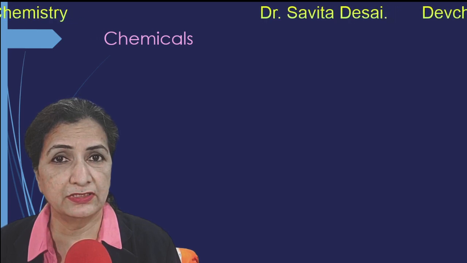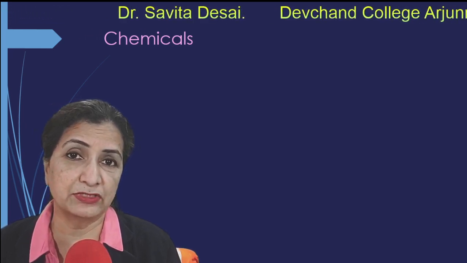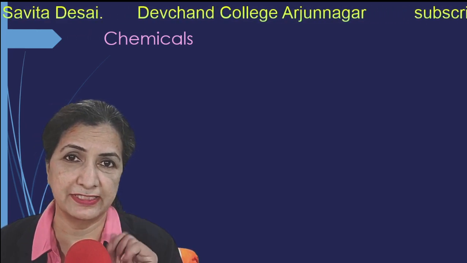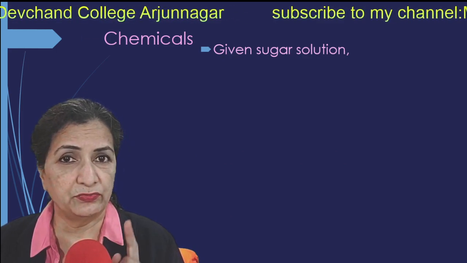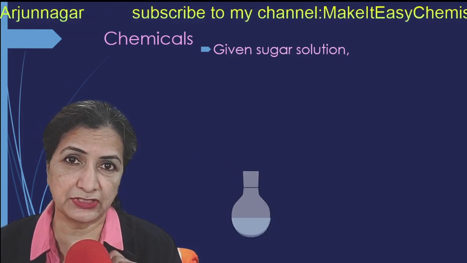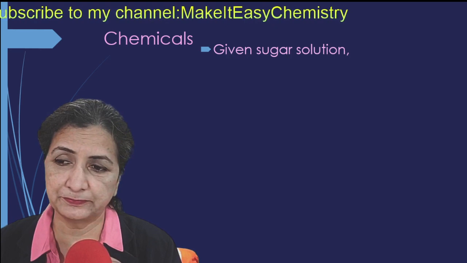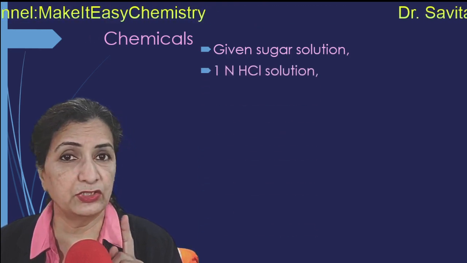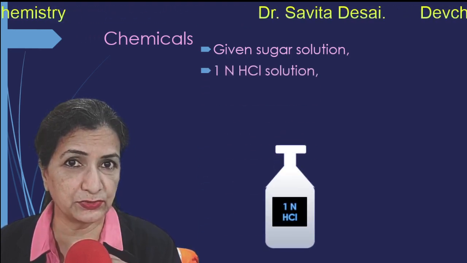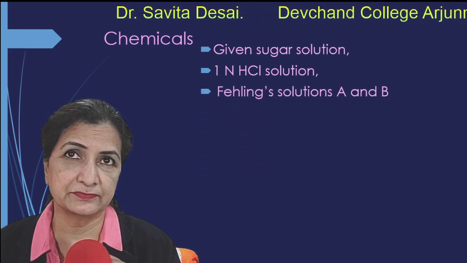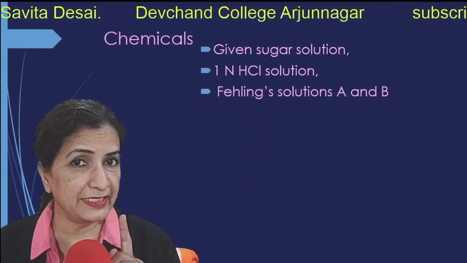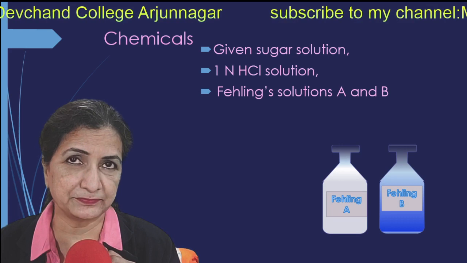Now we shall take information about the chemicals required for this estimation. We will be given a sugar solution in a round bottom flask. One normal HCl solution is also given. Fehling's solutions A and B are also given.